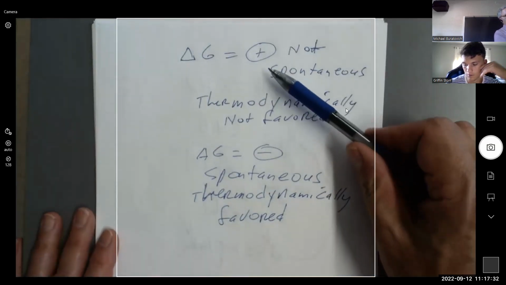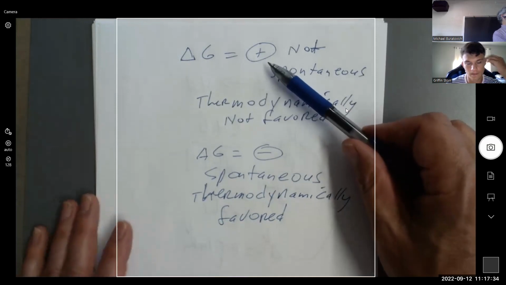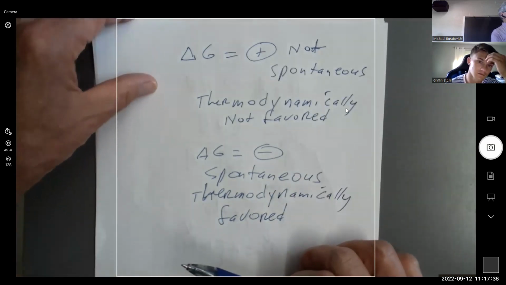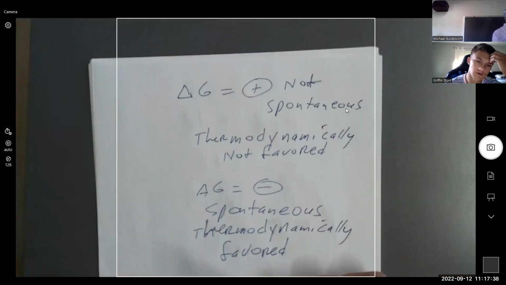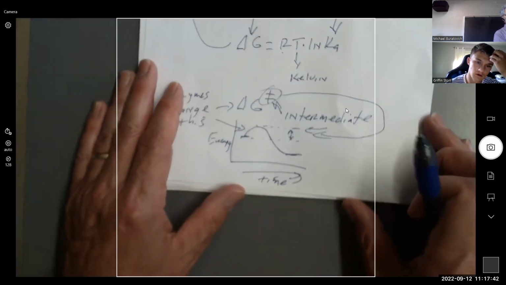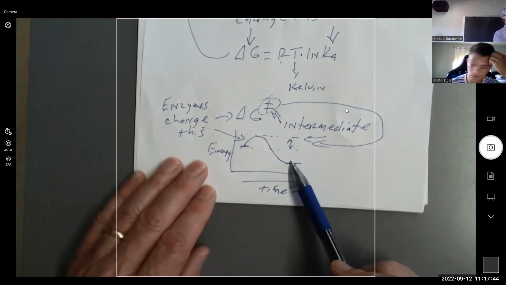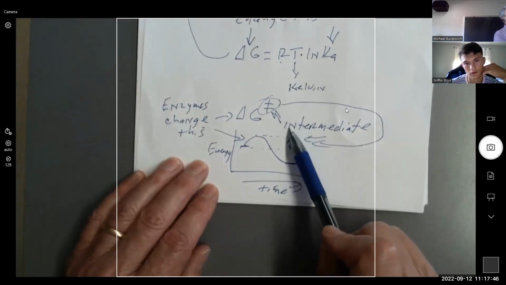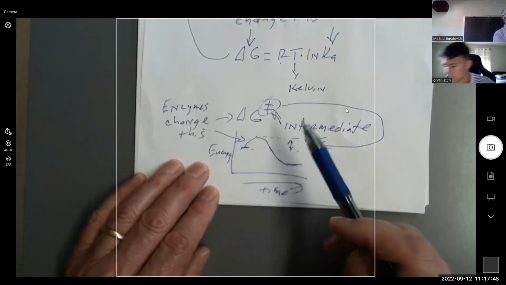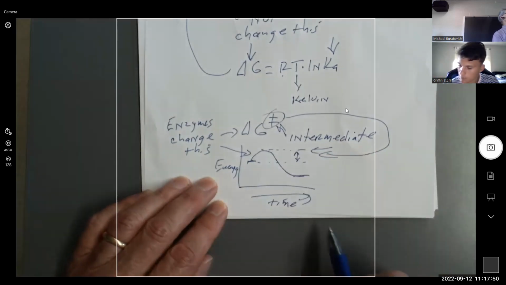Now, you might think, well, if it's positive, it should be favored, right? Well, if it's positive, we go back to our graph here, it means that the energy of the products is higher than the energy of the reactants. So the reaction would have to essentially go uphill.